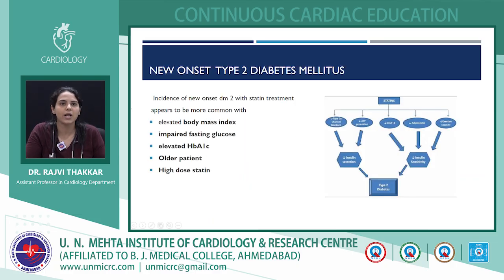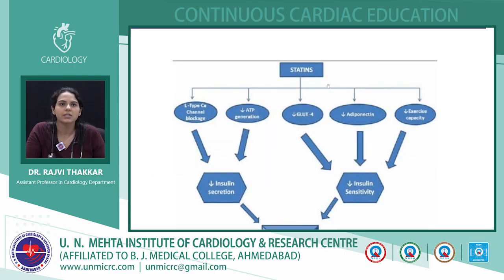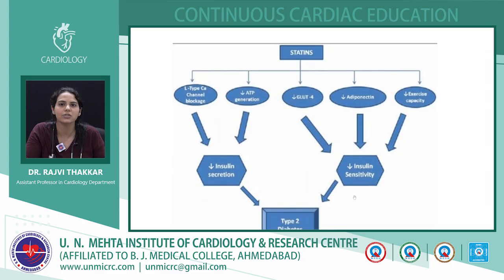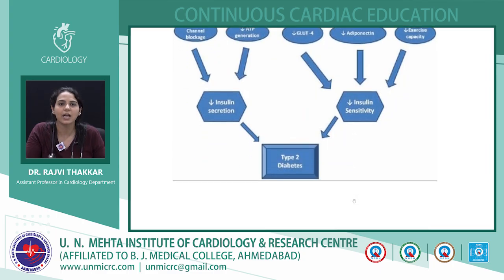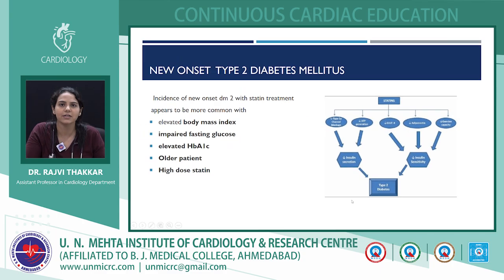New-onset type 2 diabetes mellitus with statin treatment is seen with high body mass index, impaired fasting glucose, elevated HbA1c, older patients and high-dose statin. Statins lead to decreased insulin secretion and decreased insulin sensitivity, which lead to type 2 diabetes mellitus.